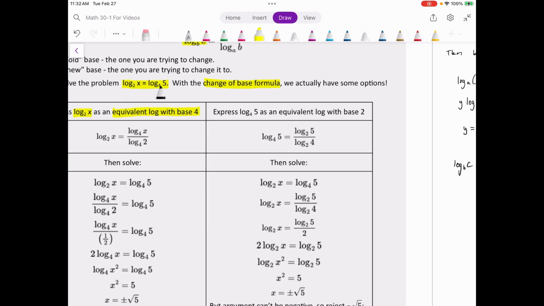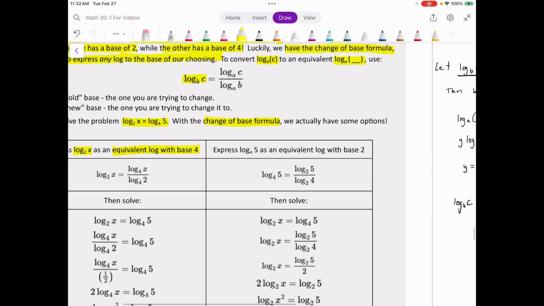So we also could have done, right? Here we turned the log base 2 into something in terms of log base 4, but we could have gone the other way. We could have turned the log base 4 into something in terms of log base 2. Our change of base formula lets us change any base into any other base. So log base 4 of 5 could be written as log base 2 of 5 over log base 2 of 4, right?